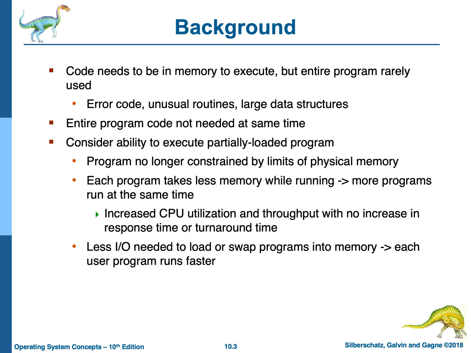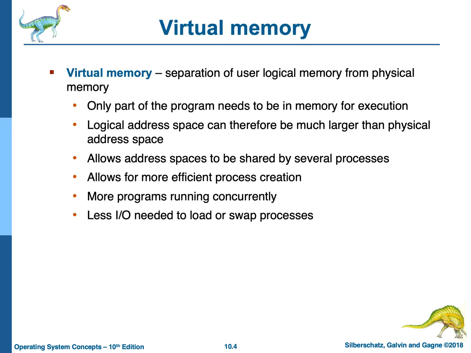Now consider the CPU. If you don't load the entire program into the system, the degree of multiprogramming will increase, CPU utilization will also increase, and the throughput may also increase. So this is the background.